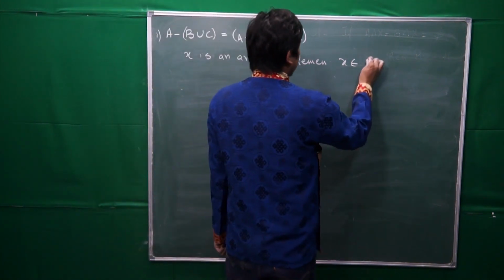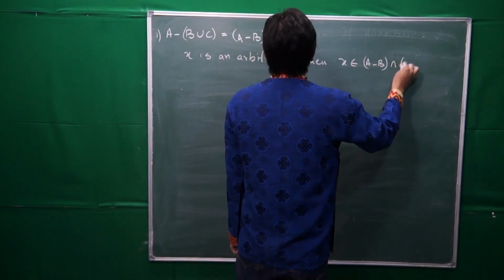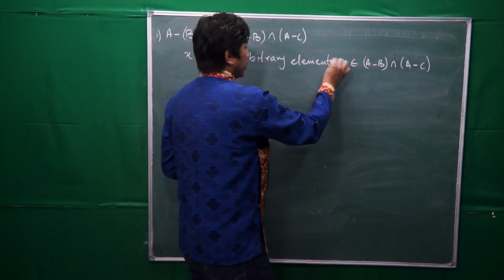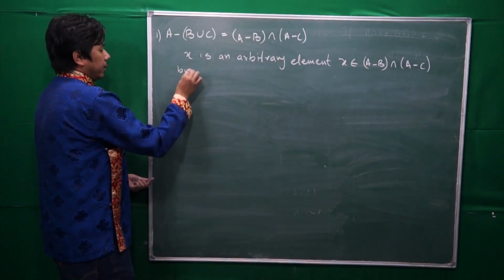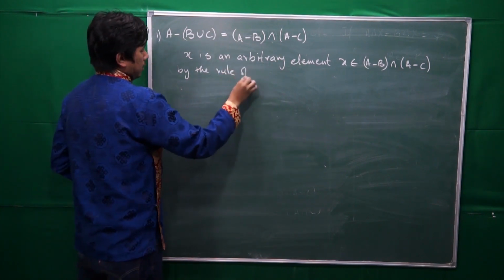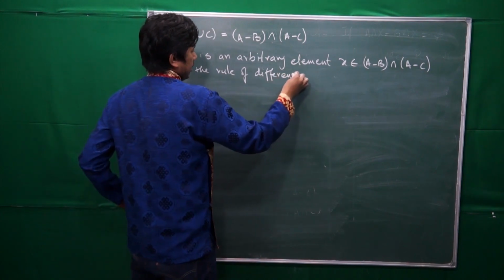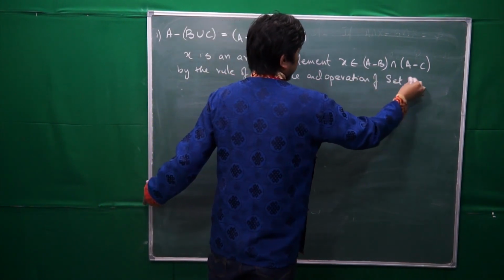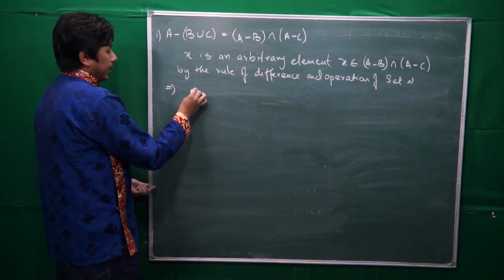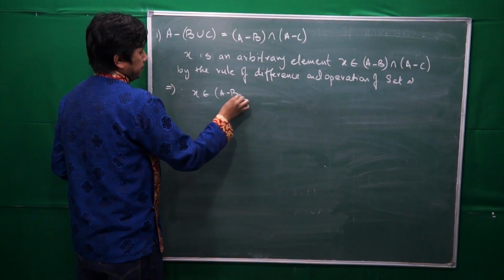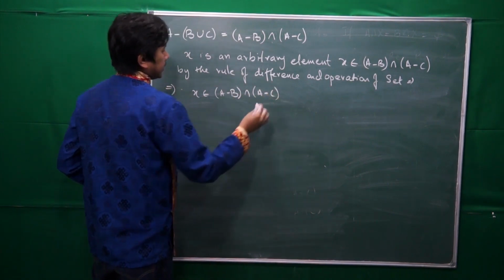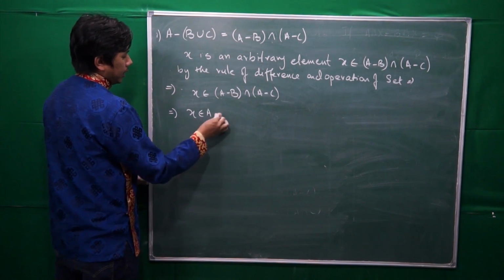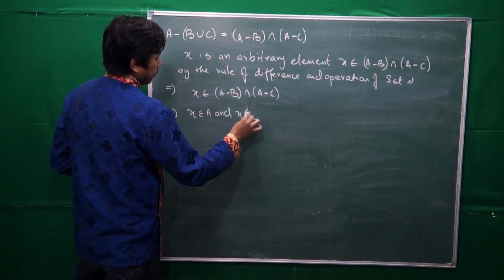The set is A minus B intersection with A minus C. Now, X being an arbitrary element that belongs to this set, by the rule of difference and operations of sets, we can write that X belongs to A minus B intersection A minus C. This can be further broken down into X belongs to A and X does not belong to B.